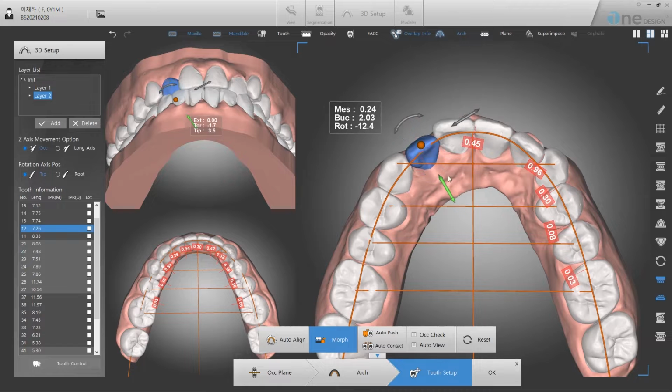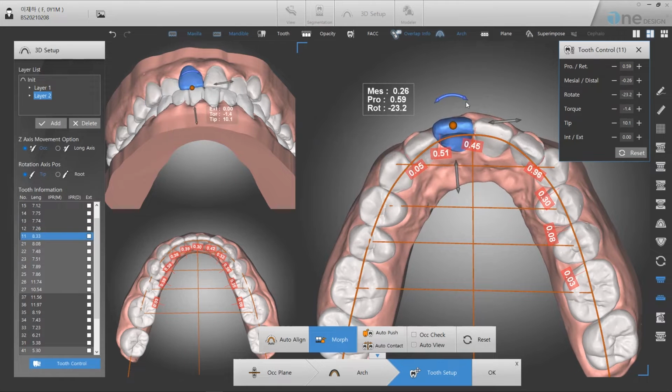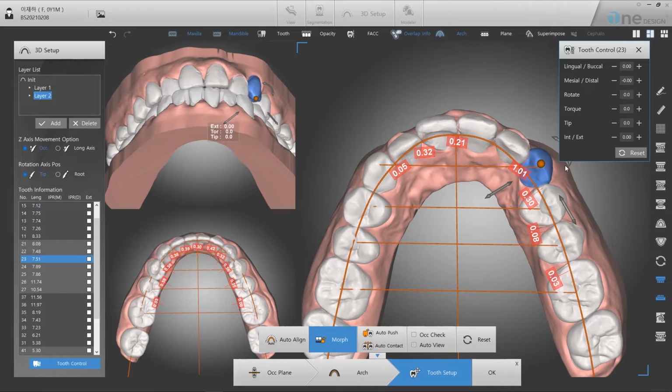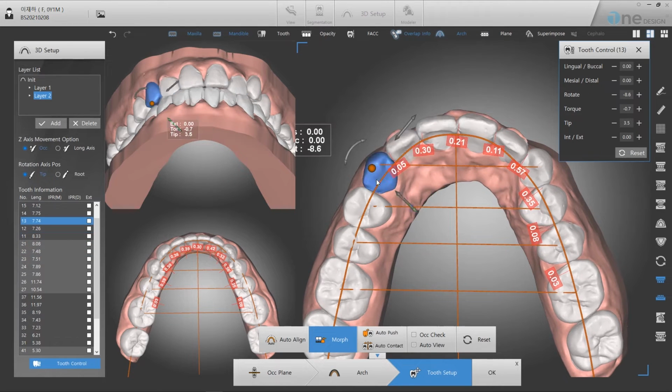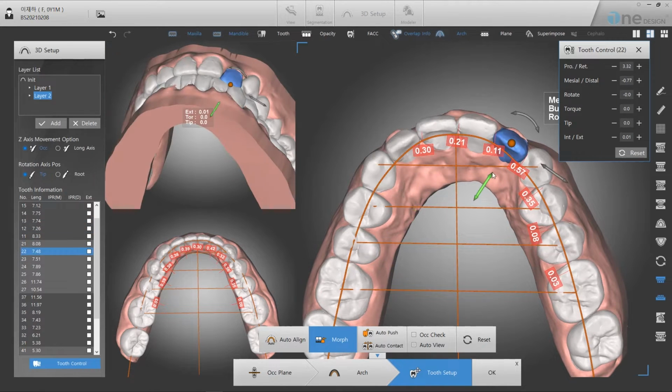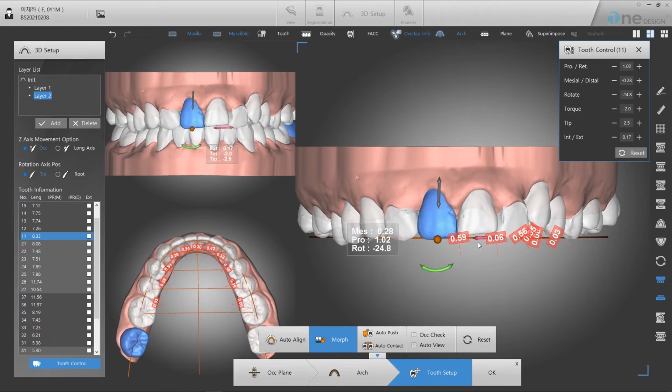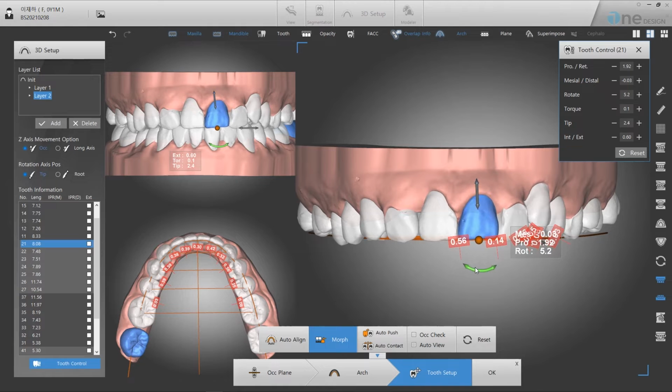In the maxilla, the lateral incisors are retracted, so we will apply expansion. Straighten the mesial inclined axis by applying minus tip.